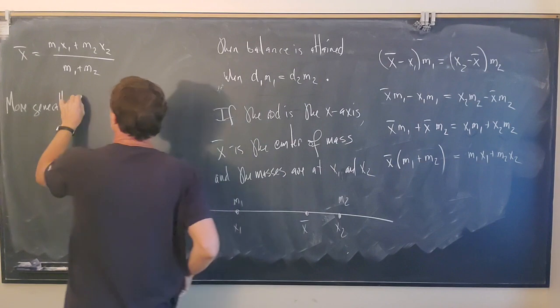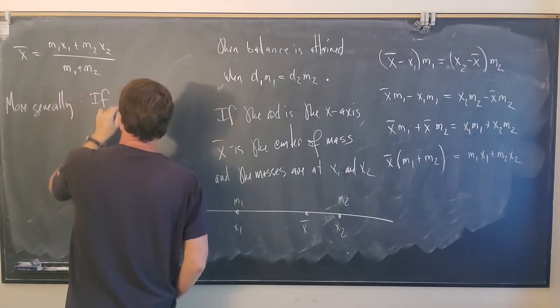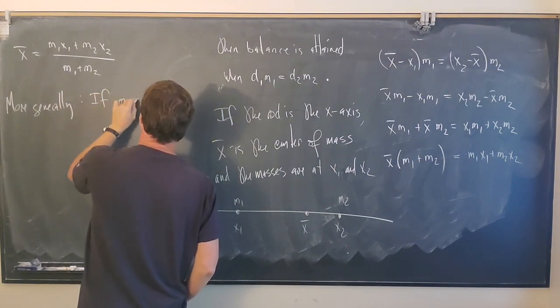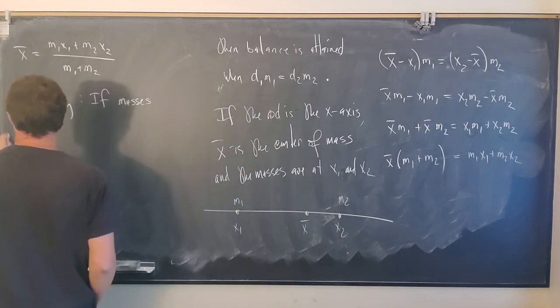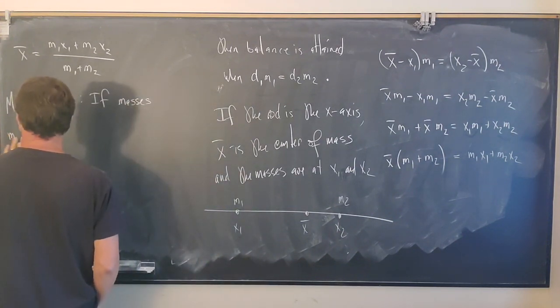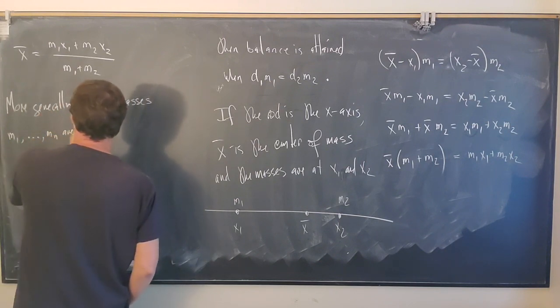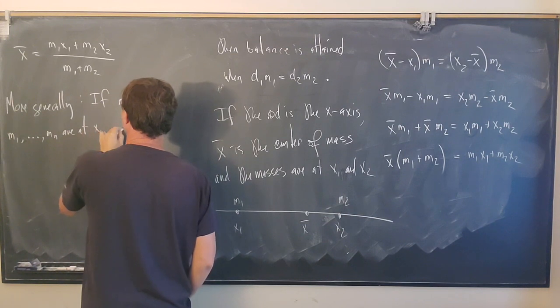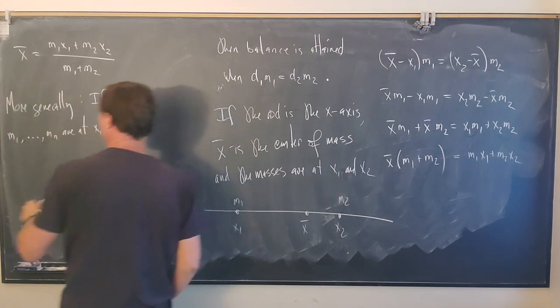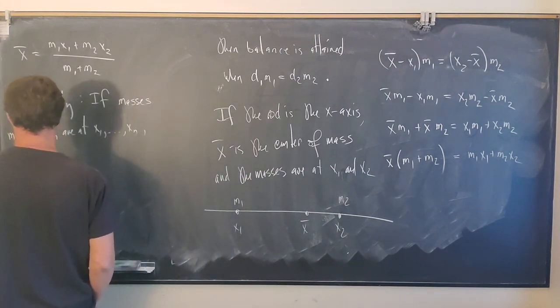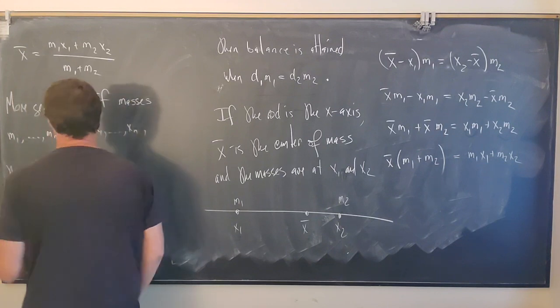So more generally, if masses m1 up through m sub n are at positions x1 up through xn, then x bar has the following formula.